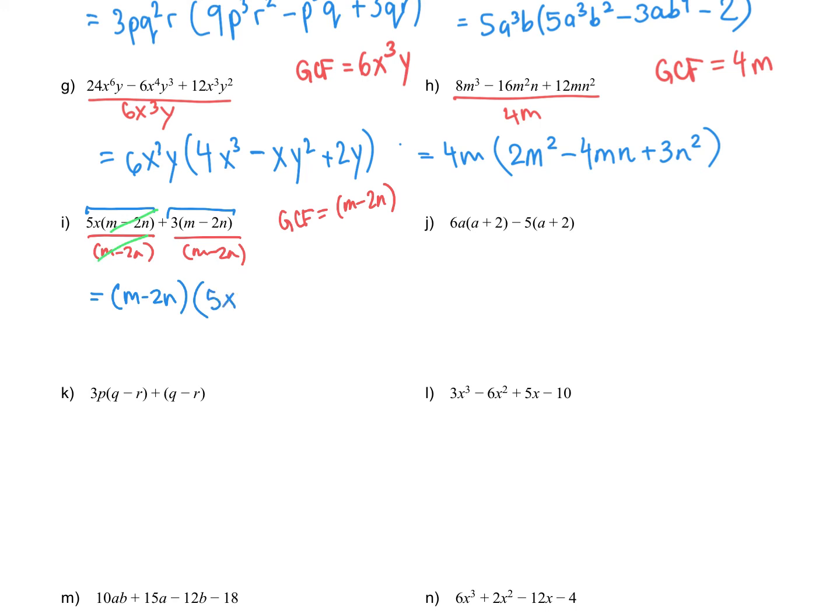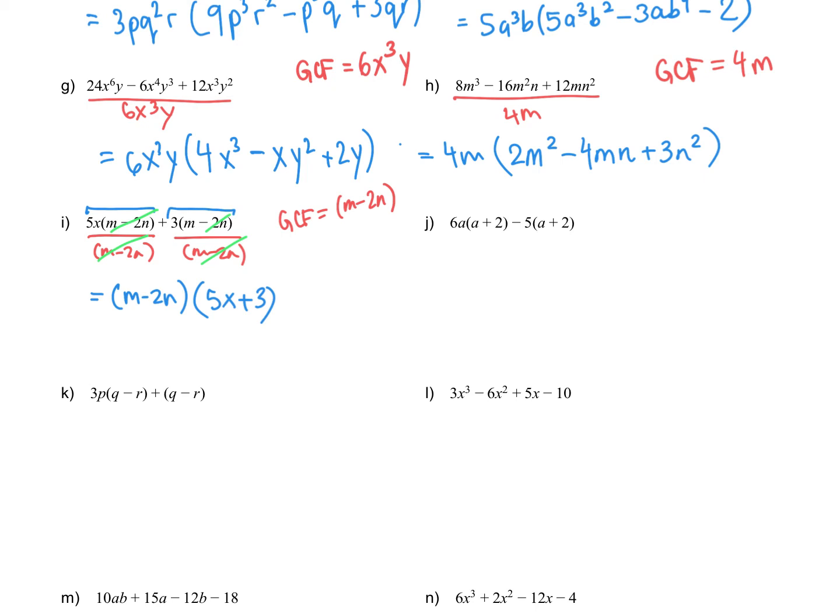And the second unit, again, the brackets are identical, they cancel out, and you're just left with the plus 3. So the bracket was the common factor, so I wrote it at the beginning. Your second bracket came from the monomial in front of each bracket.